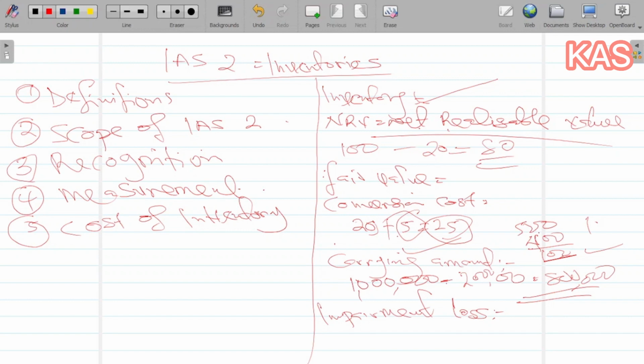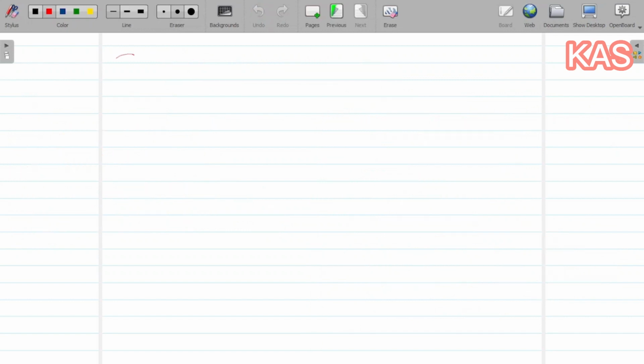So now let's look at the scope of IAS 2, which is inventories. What is the scope of IAS 2? What does this standard cover? We are going to look at the inventories this standard covers.